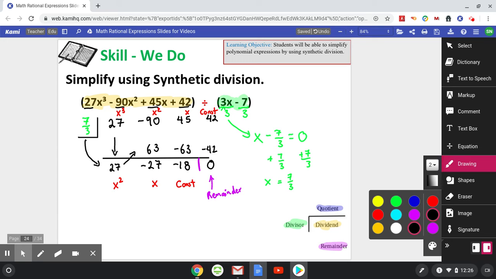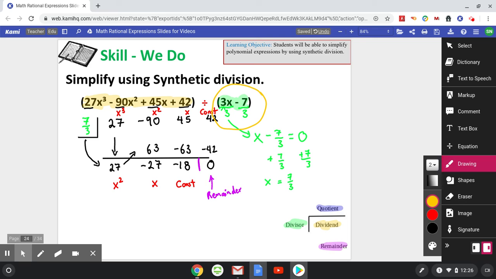One new thing, however, is at the beginning of the problem, if you look at the divisor, we divided by 3. And we only divided the divisor. After performing the entire operation, now we have to divide these 3 numbers by 3 as well. So 27 divided by 3 would give us 9.